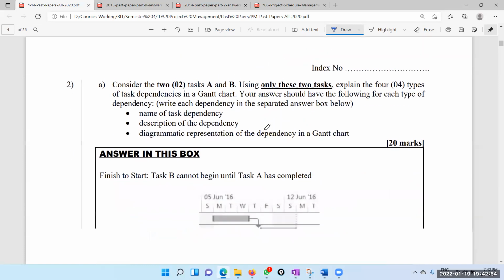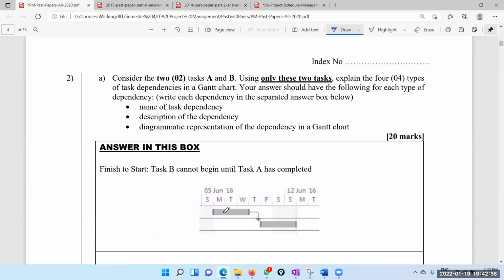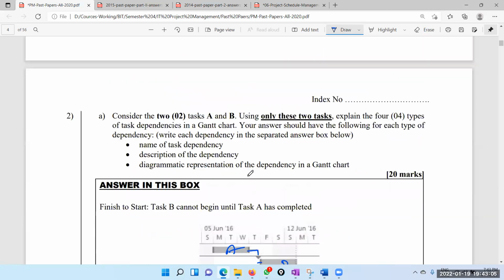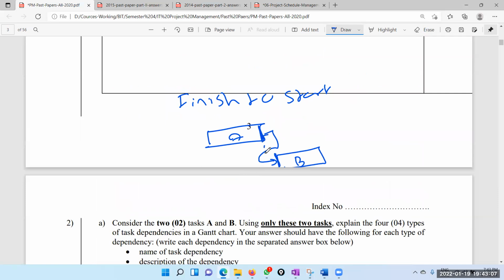You better mention A and B also. It must be finished for the next one to start. You better draw it in the same line, because usually on that day we can start also, but it's optional. If you want, you can just take a buffer and do it.